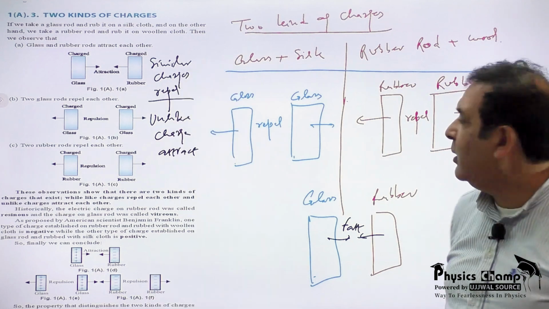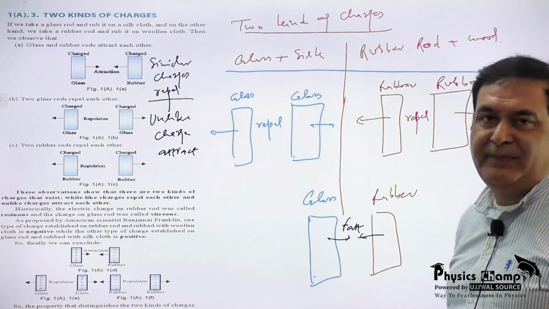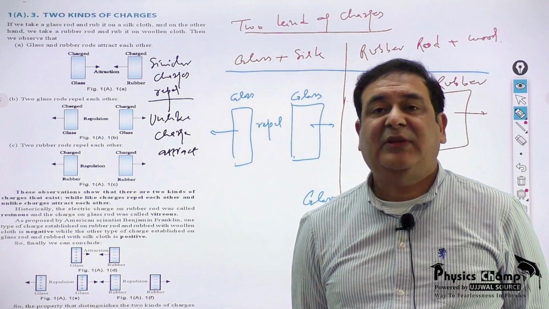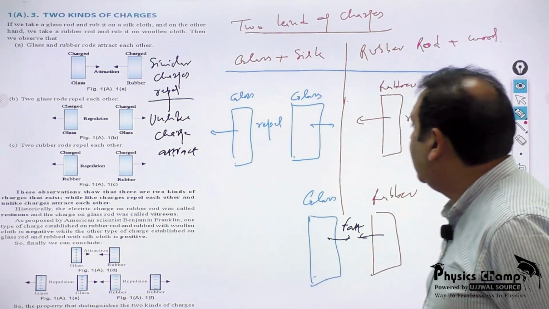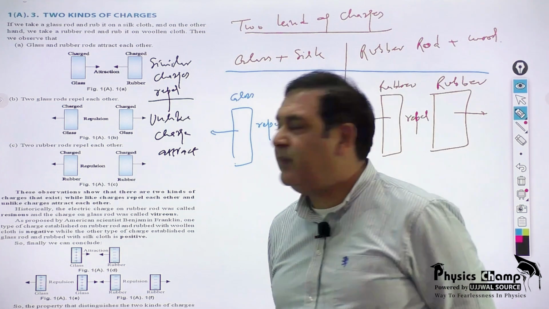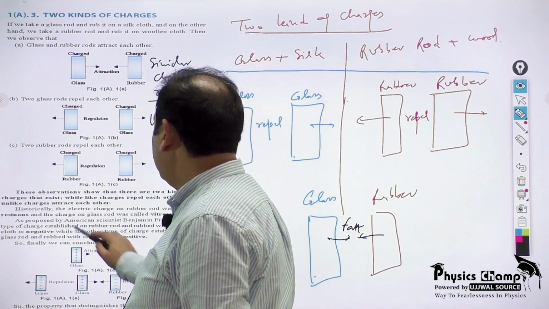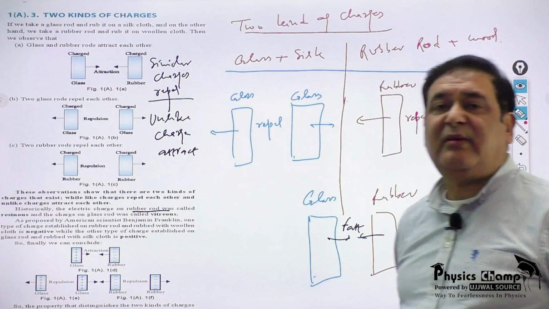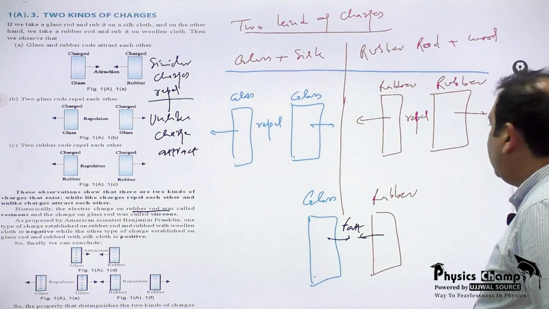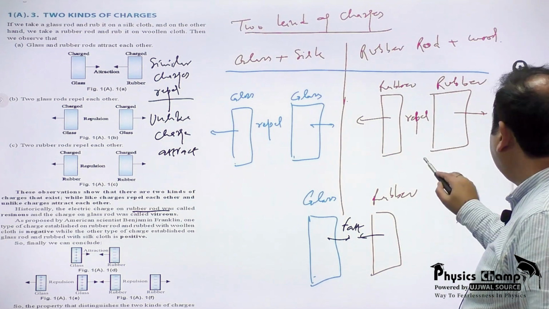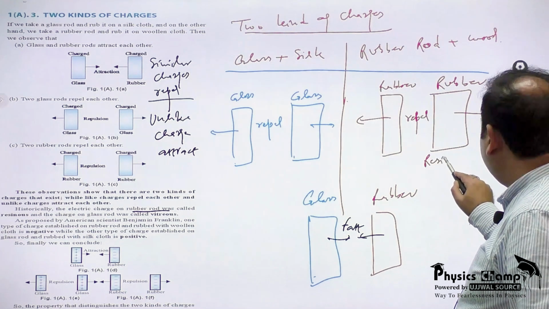Now we move a little ahead. Let's name those kinds of charges which are on the glass rod or on the rubber rod. Historically, the kind of charge which was on the rubber rod was named resinous.